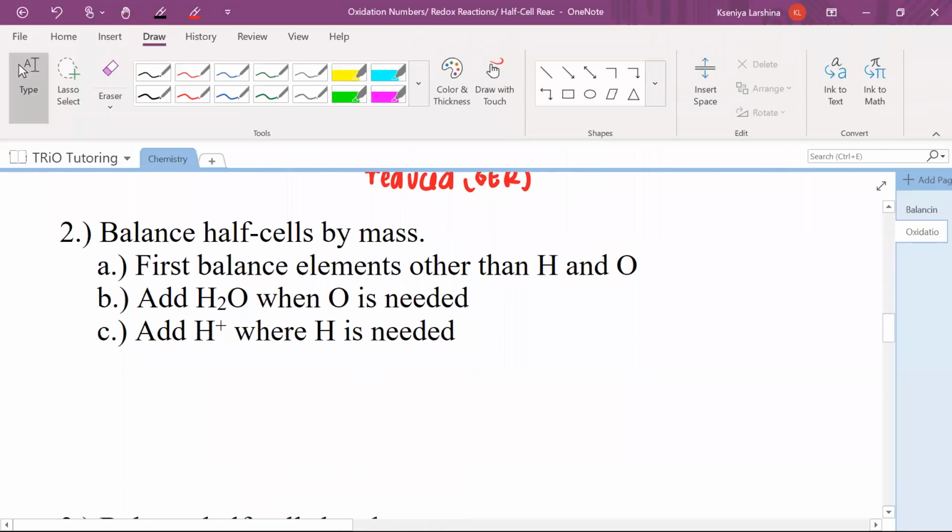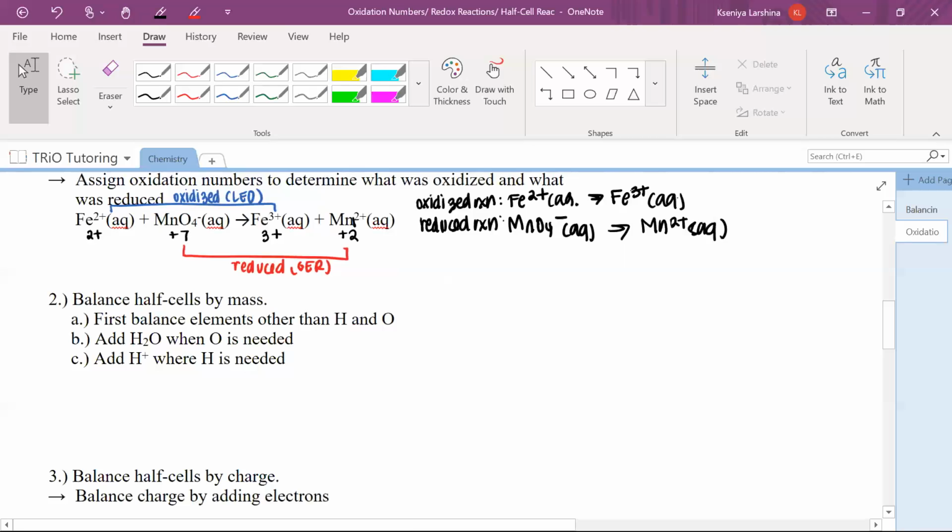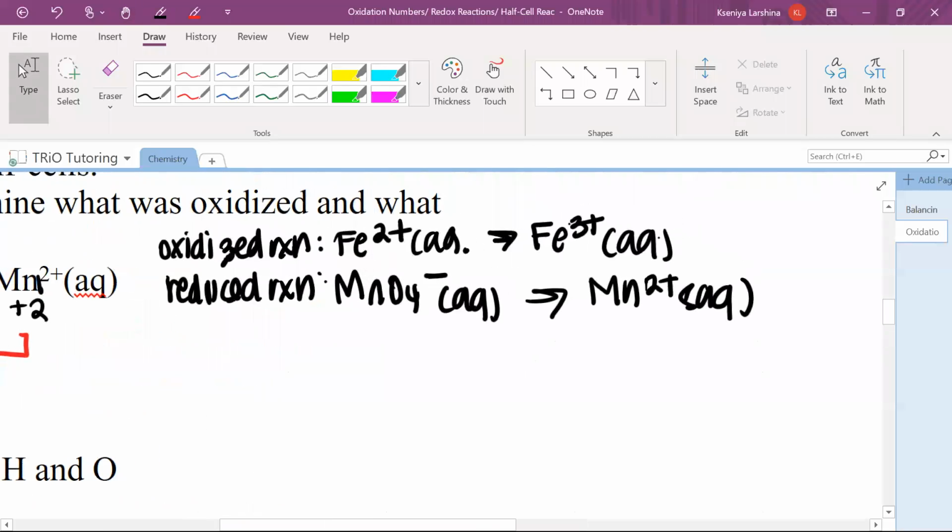So you would then balance your half cells by mass. First, balance elements other than hydrogen and oxygen, meaning you would balance your iron into iron. So you have 1 mole of iron here in the Fe2 plus, and 1 mole of iron on your Fe3 plus. So that's already balanced. And in your reduced reaction, you have 1 mole of manganese and 1 mole of manganese on your product side.